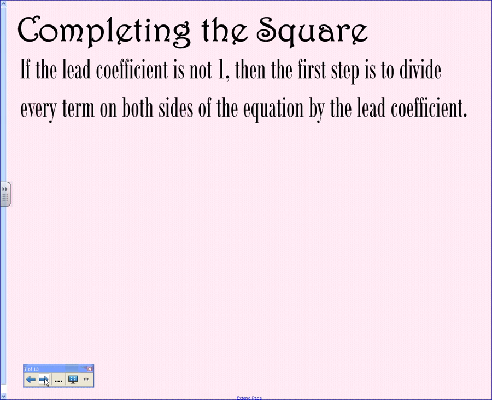So far, you haven't had anything but a 1 for your lead coefficient. But now we're going to have numbers instead of just a 1 for our lead coefficient. And so first you have to divide by the lead coefficient.